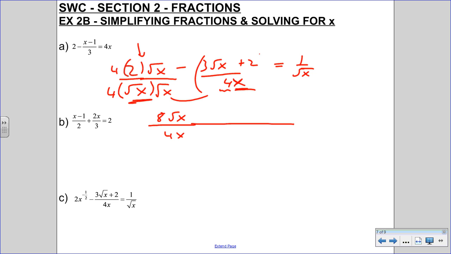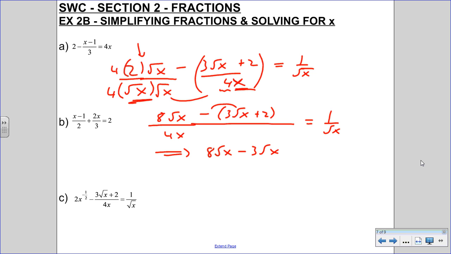But remember, there's a whole bracket around here because it's minus everything in here: 3 root x plus 2 is the same as 1 over root x. So this simplifies down to 8 root x minus 3 root x, and minus 2, over 4x, equals 1 over root x. Okay? Again, let's do the same as what we did last time.